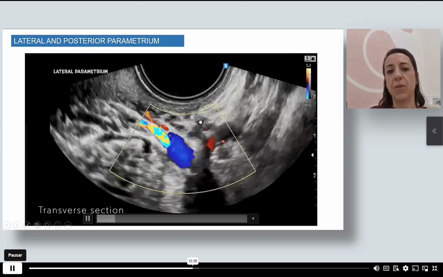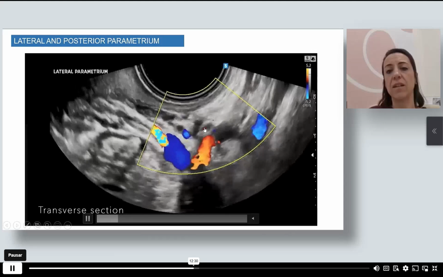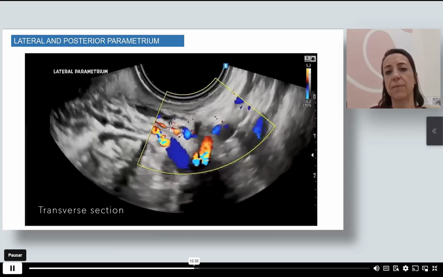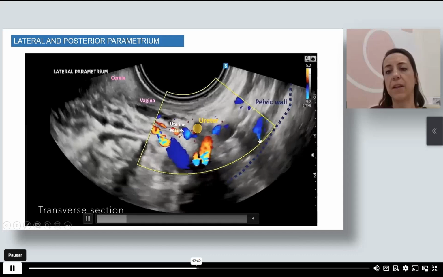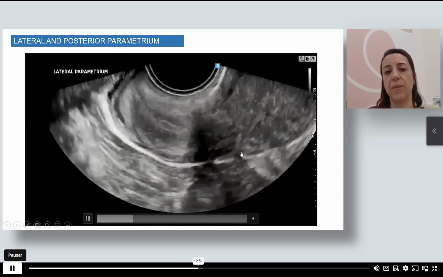Here is the ureter, and next to the ureter, we can visualize the uterine vessels. This is the cervix, this is the vaginal wall, uterine vessels, ureter, and pelvic wall. The structure between cervix and pelvic wall corresponds to the lateral parametrium.